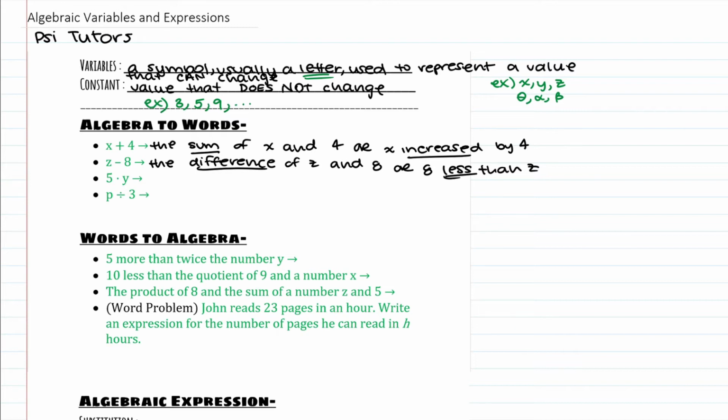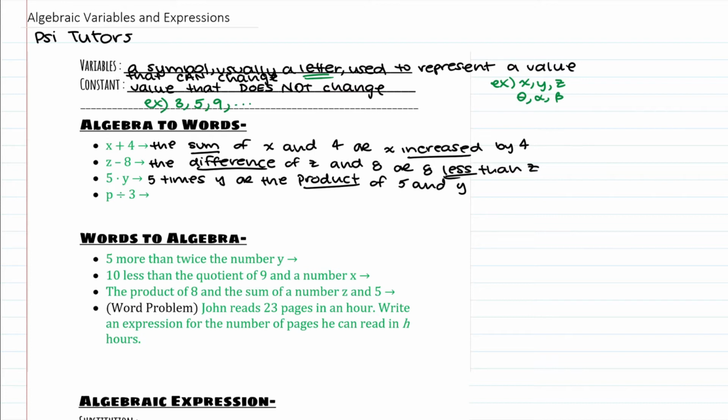Now how do we say 5 times y? We would say this just normally. 5 times y. You could also say this as the product of 5 and the variable y. Okay?